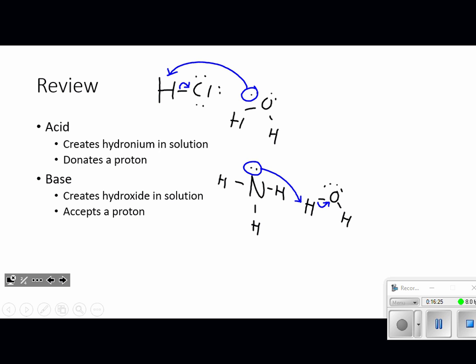So you can see how water is grabbing hold of the hydrogen from HCl. Water is donating the hydrogen for the NH3 example. So again, this is what we've talked about before. When I circle those electrons, that's the key to the Lewis definitions that I want to go over next.